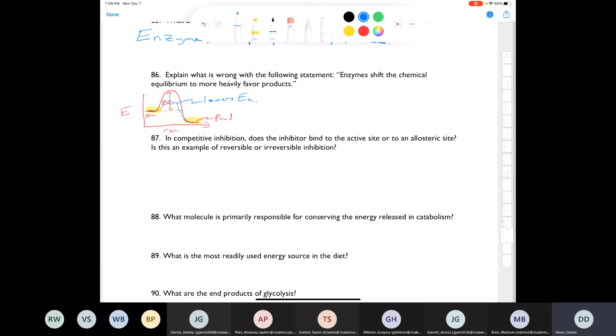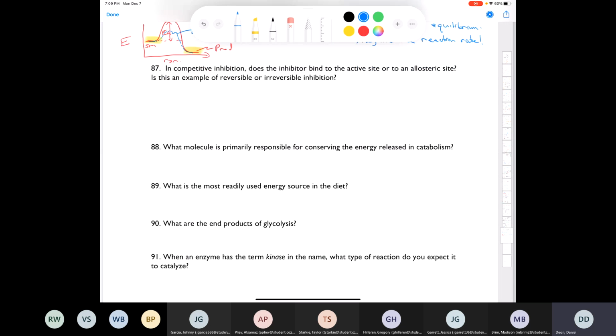Enzymes do not affect equilibrium. They increase reaction rate. Reaction rate only, by lowering the energy of activation.